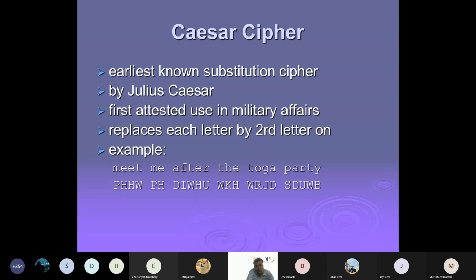Nowadays, this is not secure. Just using a programming language, you can write a decryption function, generate all the possible 26 possibilities, including 0 and all the 25. Out of 26, one is going to be correct according to grammar and the dictionary. Simple. So this is the cryptanalysis of a Caesar cipher, right?